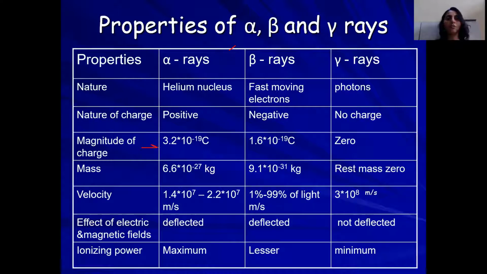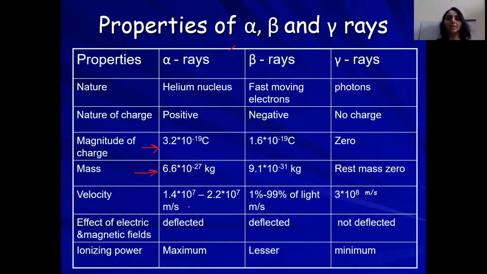Magnitude of charge: 3.2 × 10^-19 coulombs for alpha, beta 1.6 × 10^-19 coulombs, and gamma 0. Mass: alpha are comparatively heavier than beta, and gammas have rest mass 0.